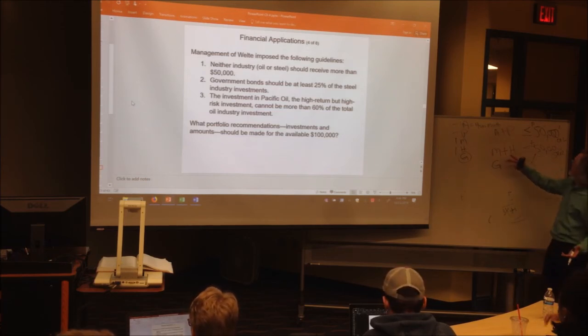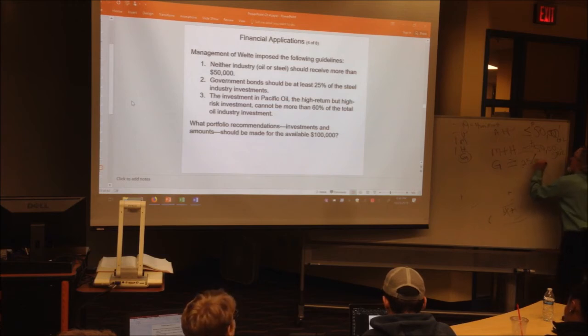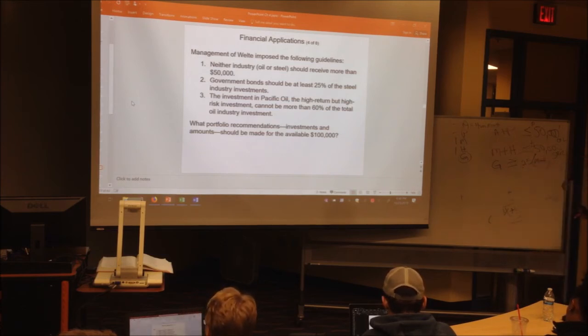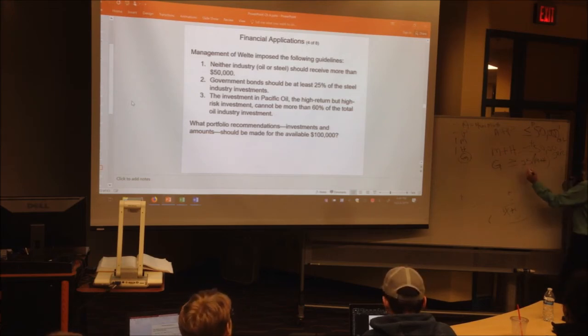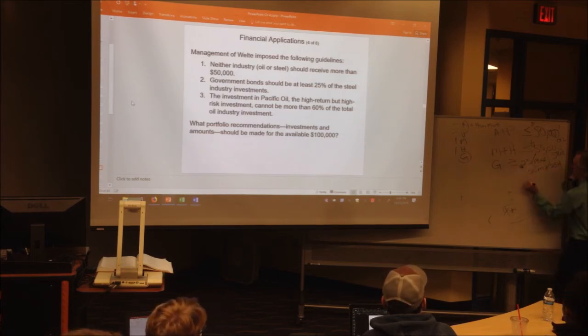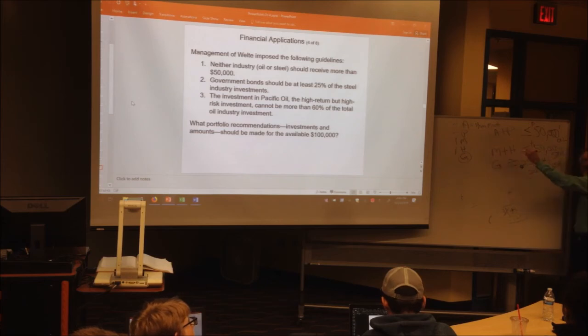Which ones are steel again? M plus H. You're not going to hand it in this way because you're not done. There can't be variables on the right, so we've got to use some algebra. I'm multiplying 25% times each of those, and I get 0.25M plus 0.25H. Now I'm going to subtract each one and bring them to the left.